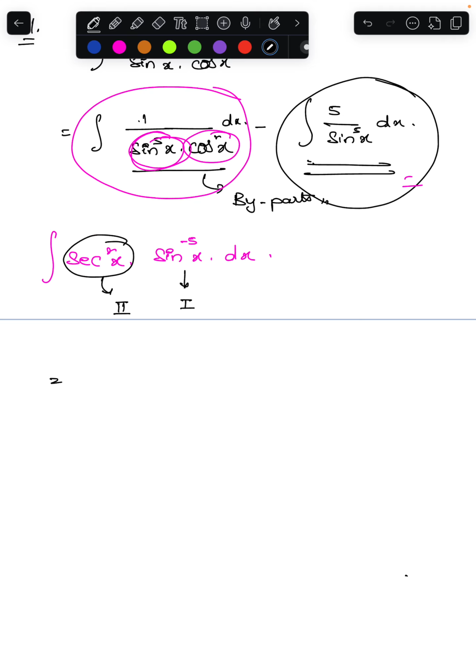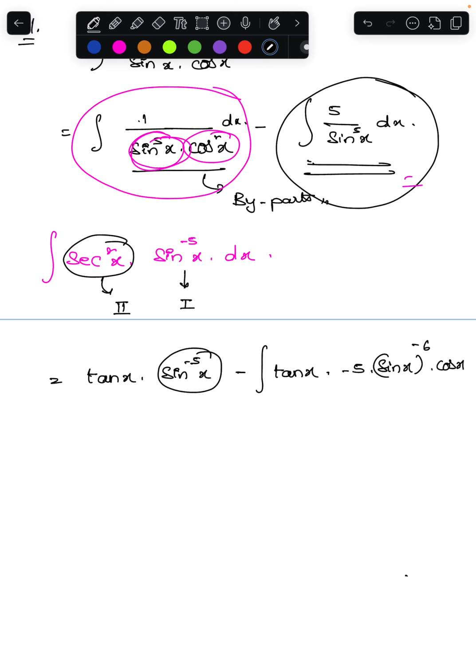So the integration of secant square x gives tan x into sine power minus 5x, minus, writing tan x as it is, the derivative of sine power minus 5 x: minus 5 into (sin x) whole power minus 6 into cos x dx.